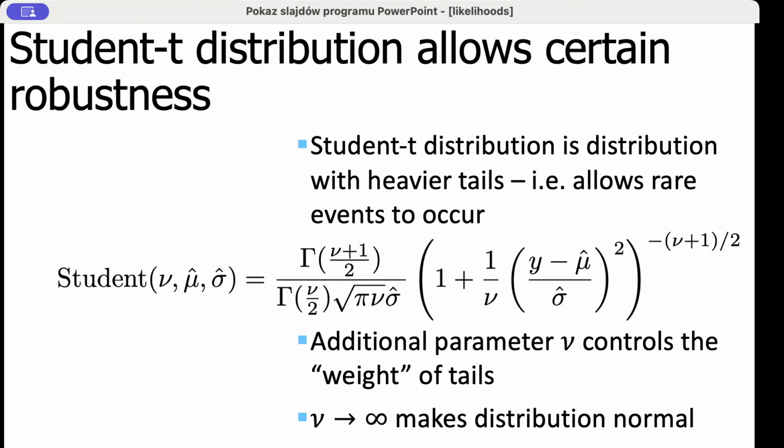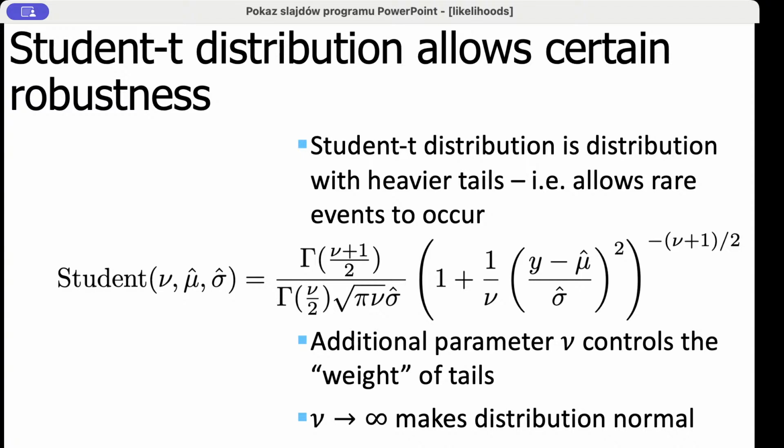The fact that we like normal distribution doesn't mean that we can only use normal distribution, and there are different distributions. One of the popular distributions on real numbers that can be used to handle such effects of outliers is the Student t distribution.